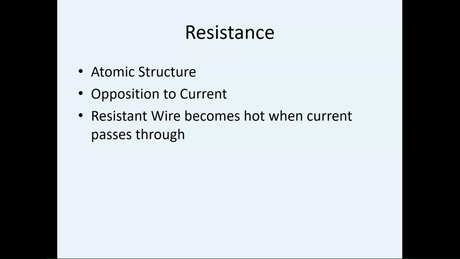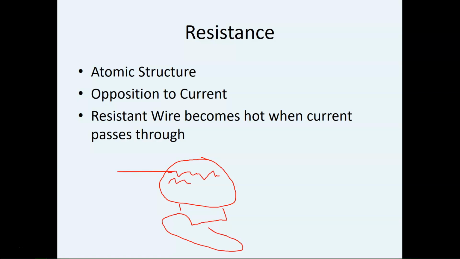The way we take advantage of this is that wire that is resistant will become hot when we pass current through it. If you've ever seen a big space heater with a big base holding it on the floor, inside you should see coils and coils of wire.